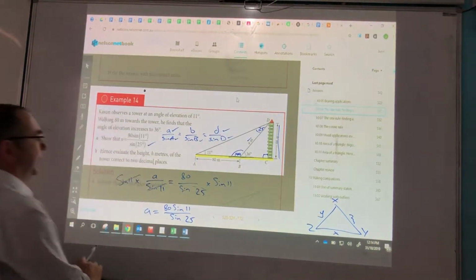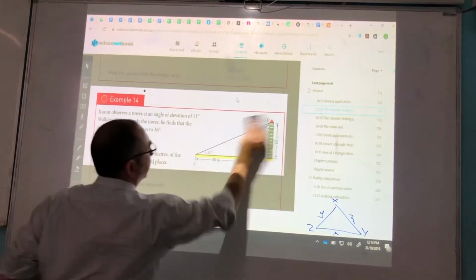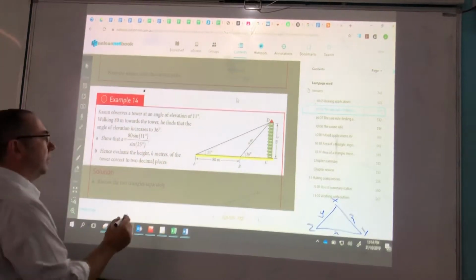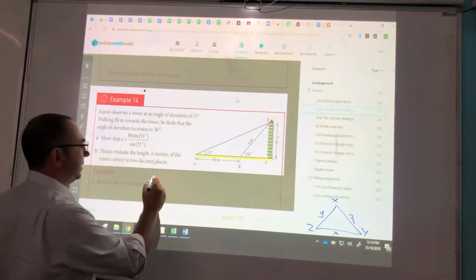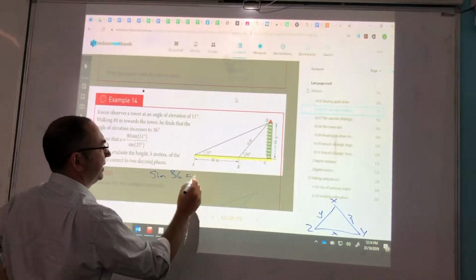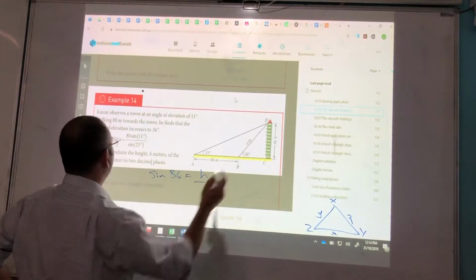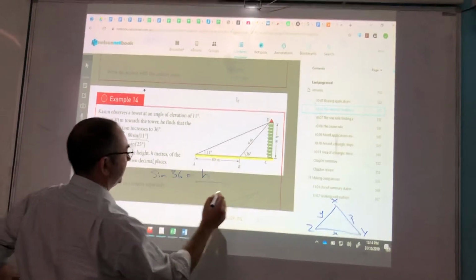So let's, if I can clear some of this off, we're going to say sine of 36 is equal to the opposite, which is h, over the hypotenuse, which is this.